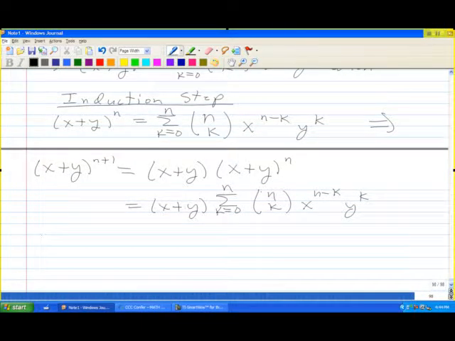And so let's multiply the x and y inside the parentheses. So let's multiply these inside the summation.